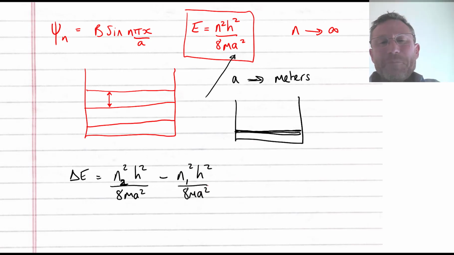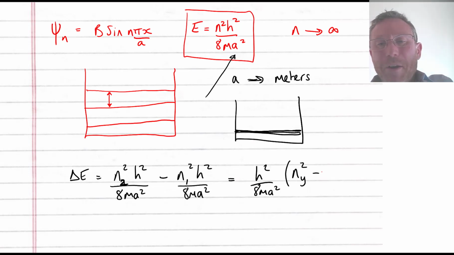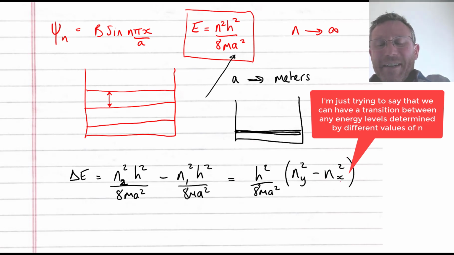So it's maybe the gap that we care about, but the gap will end up being h squared over 8ma squared multiplied by n y squared minus n x squared in here.